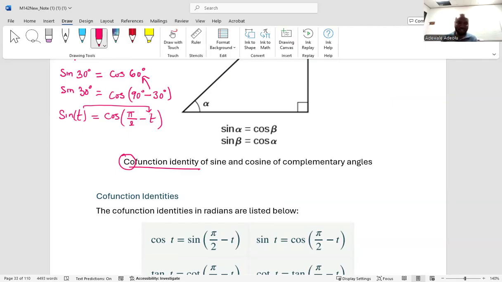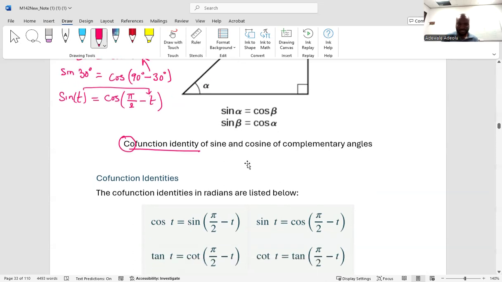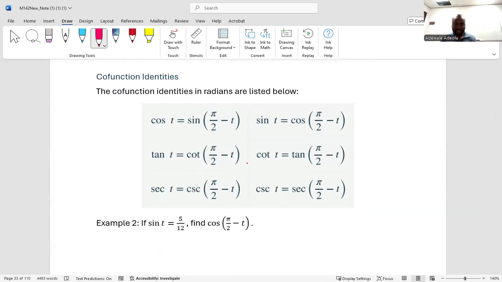Does that make sense to you now? Sine, cosine, tangent, cotangent, secant, cosecant. So let me show you. Look at it. Sine, cosine, tangent, cotangent, secant, cosecant. They are cofunctions.